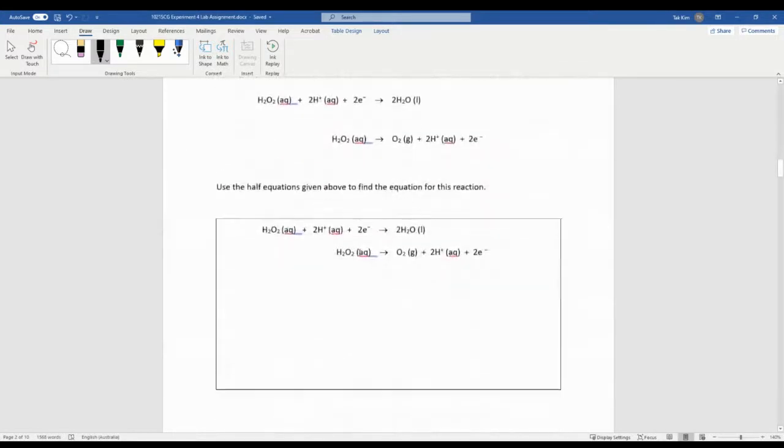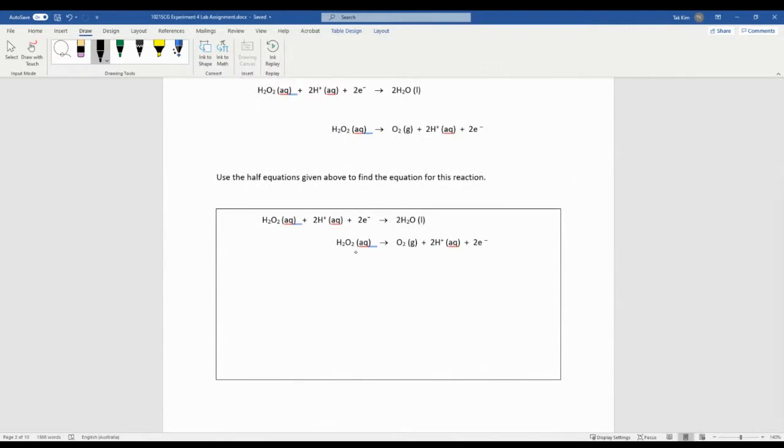And then for the last one, it will be quite straightforward because the number of electrons are the same. Although you can do the same by multiplying by 2 and 2, once you have everything, you also need to divide by 2 because that is not the lowest whole number.